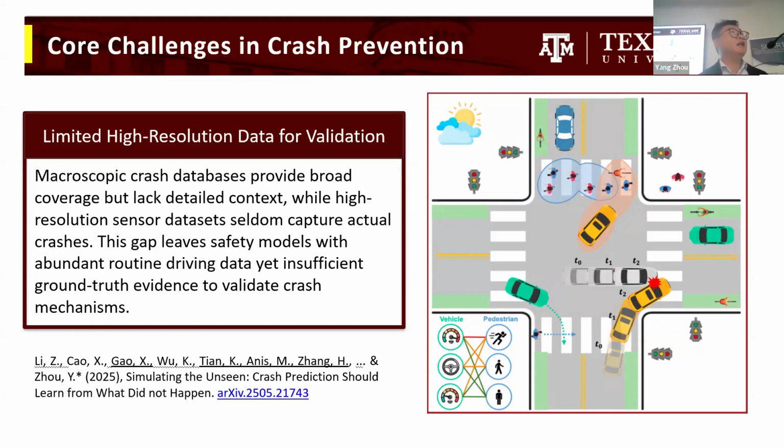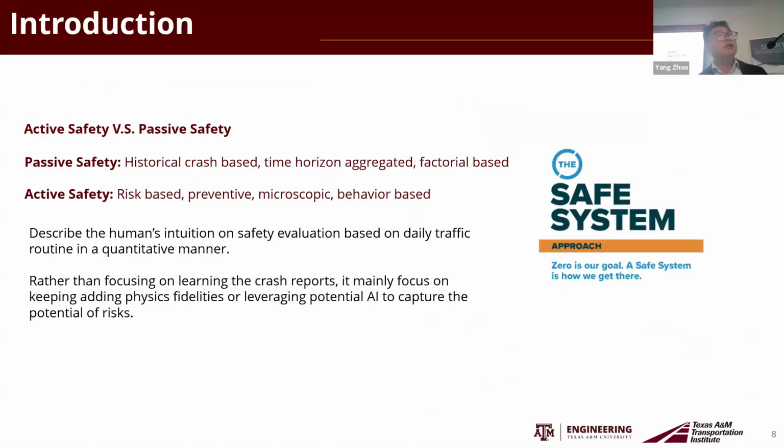So given those challenges, nowadays in academia there are two types of methods to analyze traffic safety.